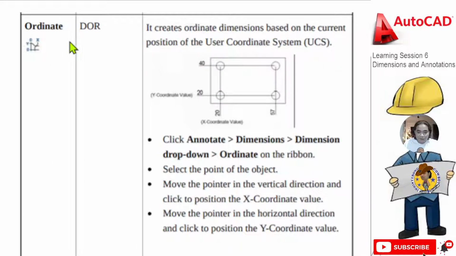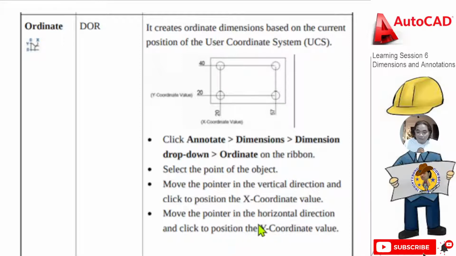Okay, so for ordinate, you can type DOR as the shortcut key. Then it creates ordinate dimensions based on the current position of the user coordinate system, or UCS. Click Annotate, Dimension drop down, Ordinate on the ribbon. Select the point on the object, then move the pointer in the vertical direction and click to position the X coordinate value.